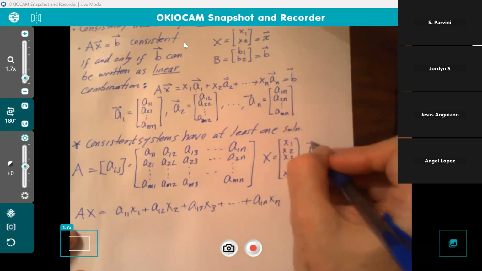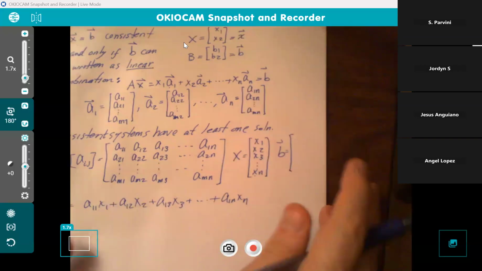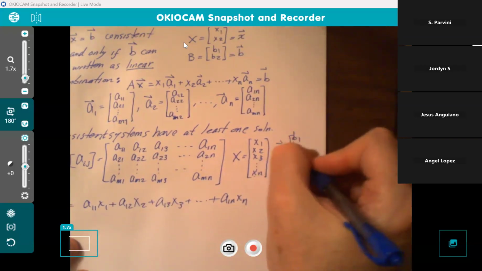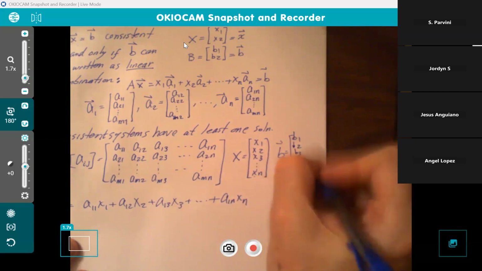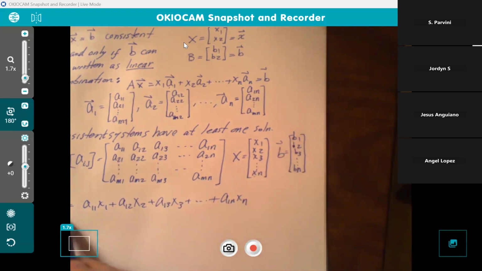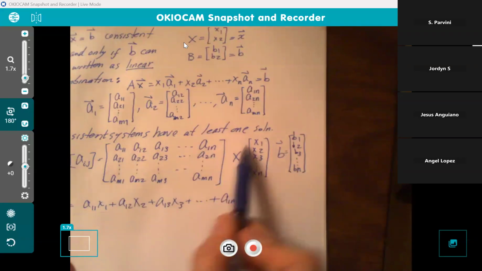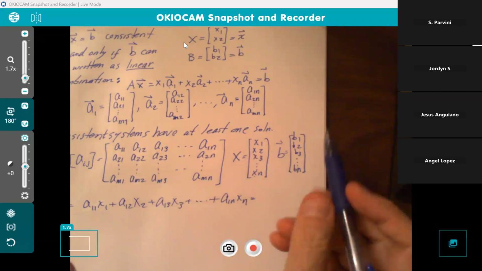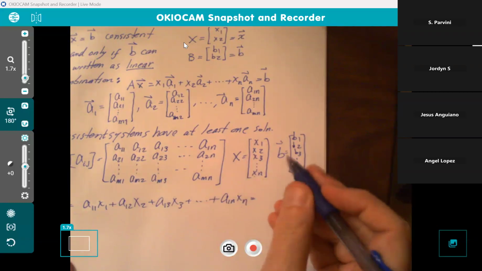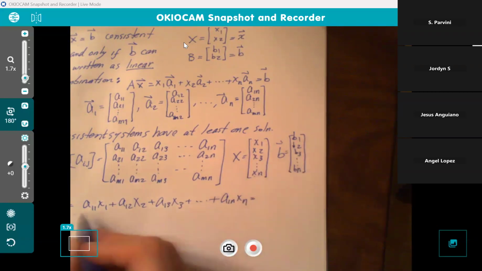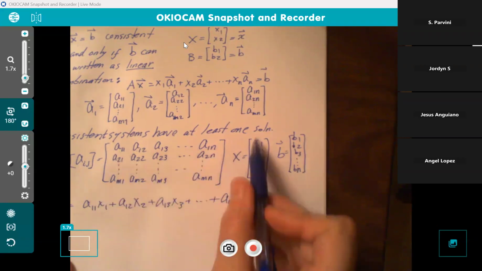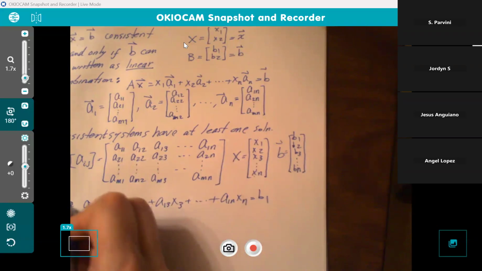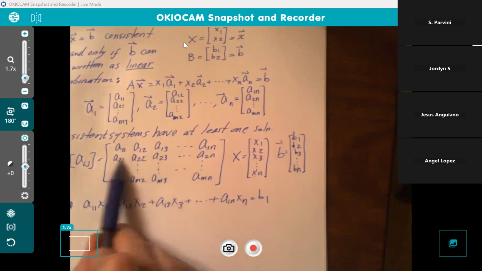What does B look like? B is made up of the constants. So B is like B1, B2, B3, Bn. So all of this, first row times first column, that product should be B1, isn't it? And then we do the same thing with the second row.